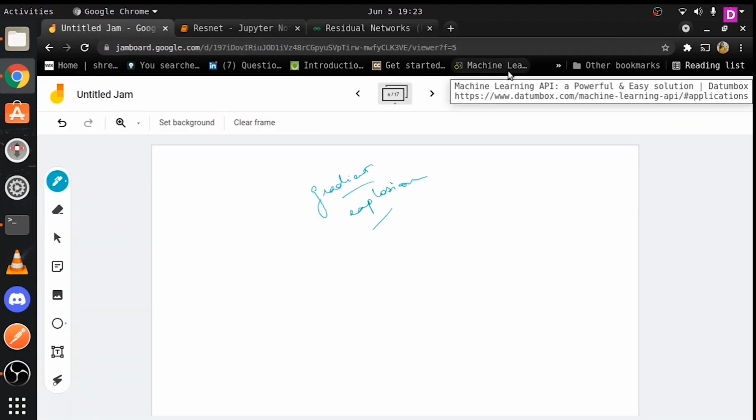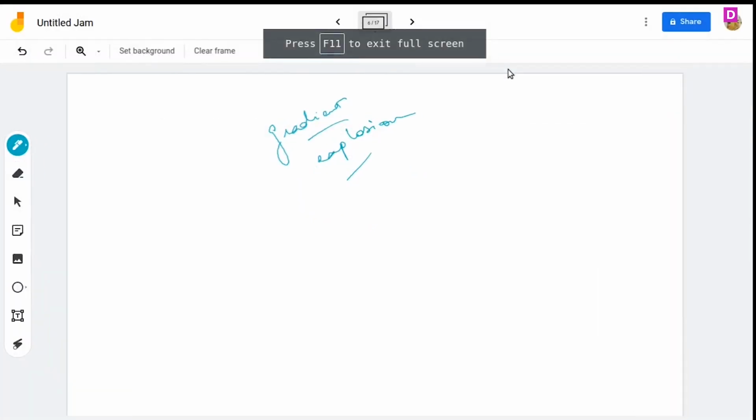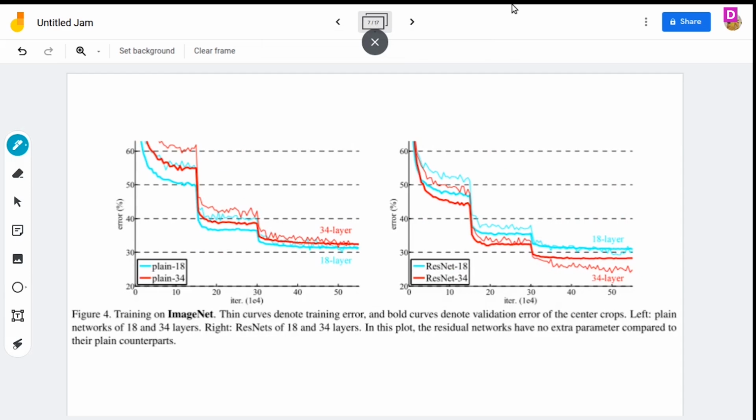Now let us look into some other things. So this is what we get when we finally train the ResNet structure. This is a plain network. Here you have a plain network for 18 layers and then you have a 34 layer.